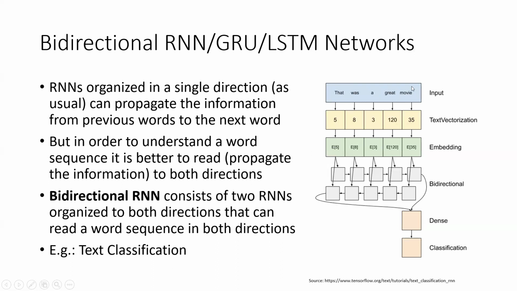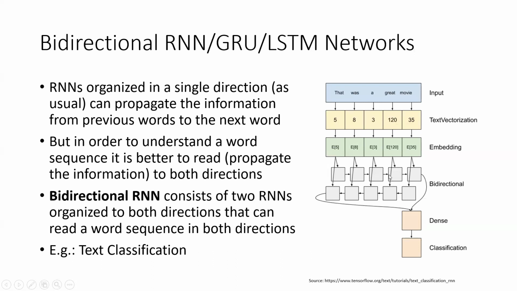If you can get the whole input, you can read from left to right and right to left, and then you can get a better semantic of this sequence using this kind of bidirectional RNN network.